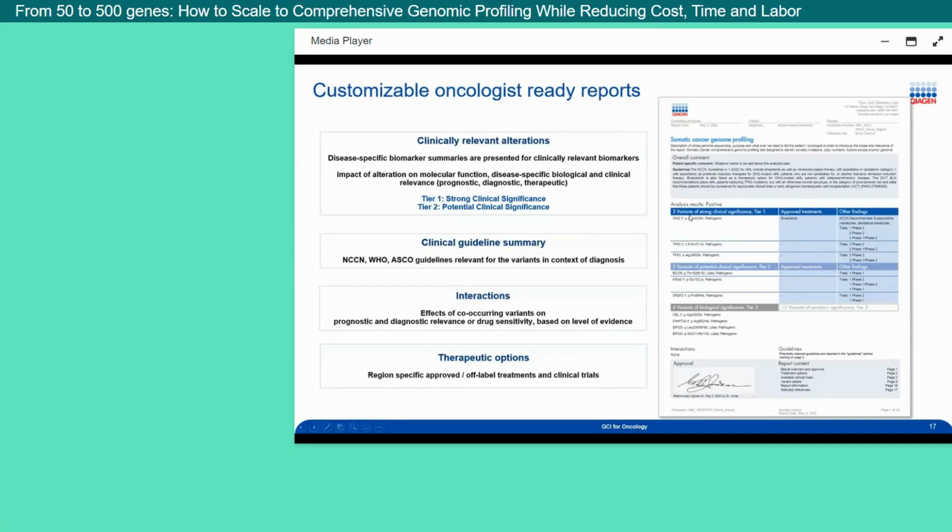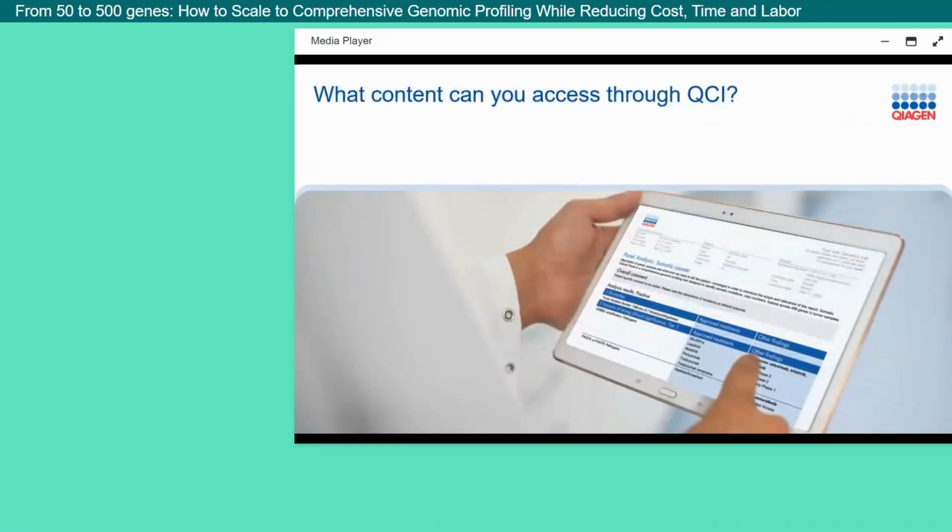And the first page of the report not only provides an overview of potentially relevant approved treatments and potential resistance, but also provides a note to the oncologists of any interactions or any potentially relevant guidelines that could be applicable for this patient in context of that disease. So let's go and discuss more details of the content that you can access through QCI.